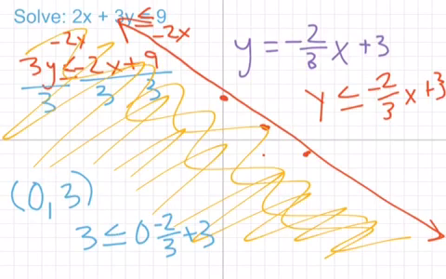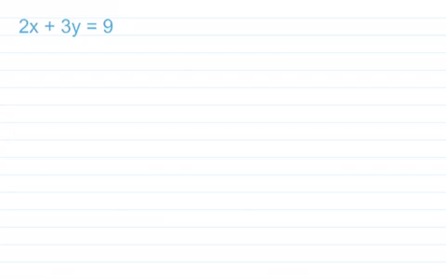When that gets simplified, we get 3 is less than or equal to 3, which is correct. That's a true statement, so 0, 3, which is right there, is a true statement. When it's less than or equal to, you can use points that are on that line to see if it's true as well.